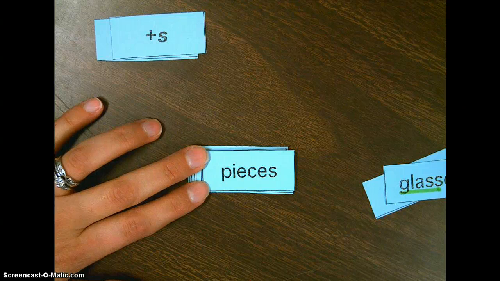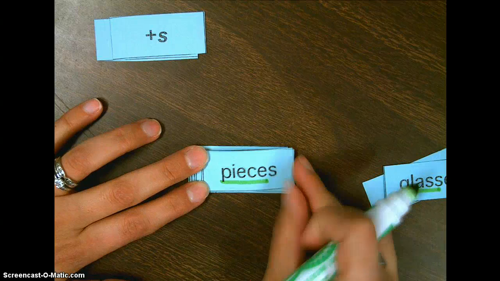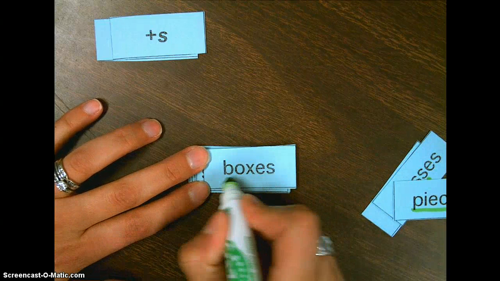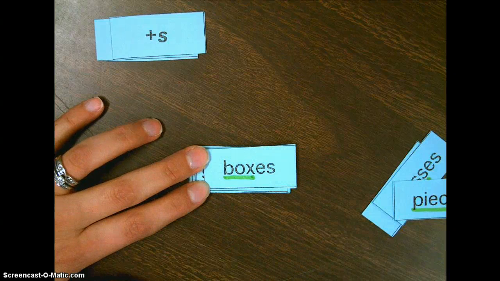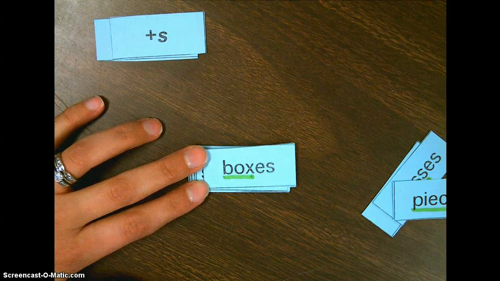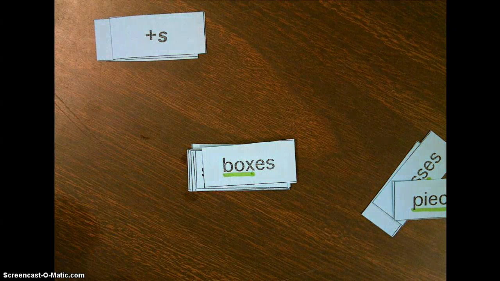In the word pieces, piece is your base word. So you underline piece. We'll do one more example. Boxes. Box is your base word. Now remember, a base word is a word that an ending can be added to. I'd like you to pause the video and underline the base words of all of your sort cards.